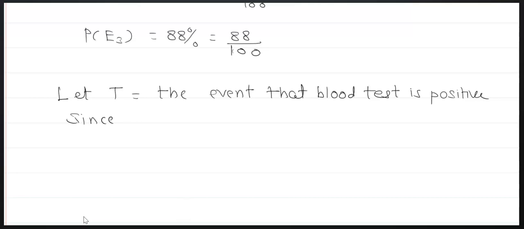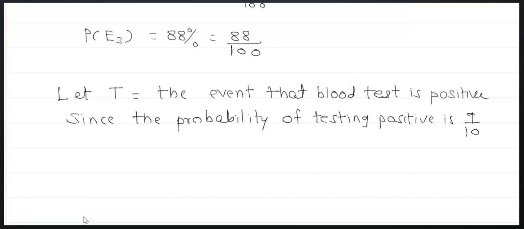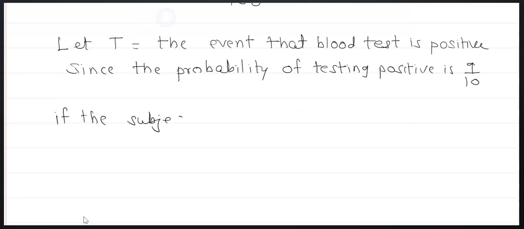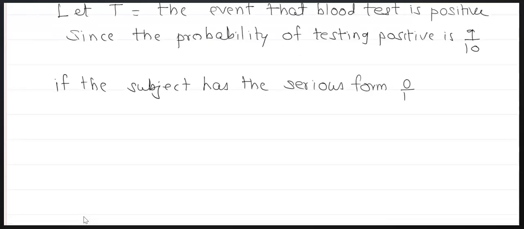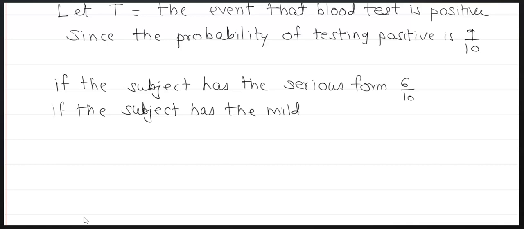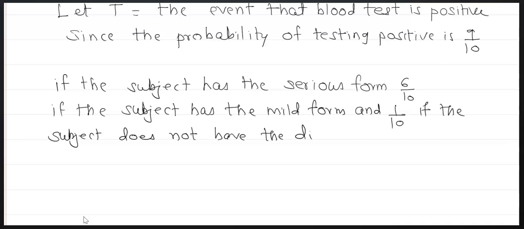Now the positive test for the first, since the probability of testing positive is 9 by 10 if the subject has the serious form, that is 6 upon 10 if the subject has the mild form, sorry, 1 upon 10.